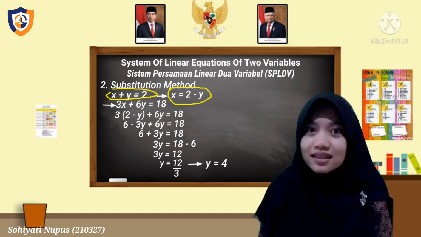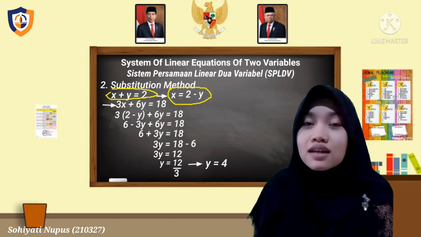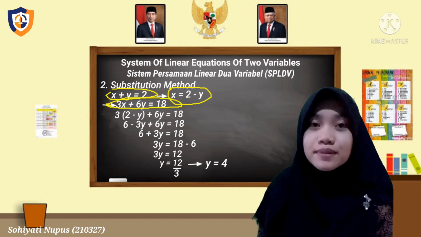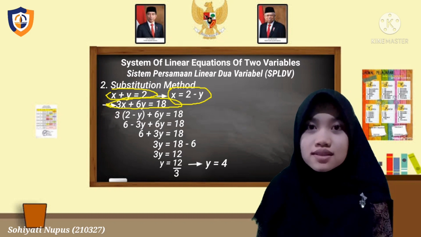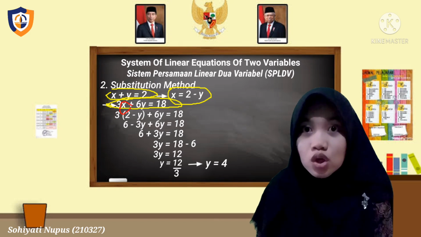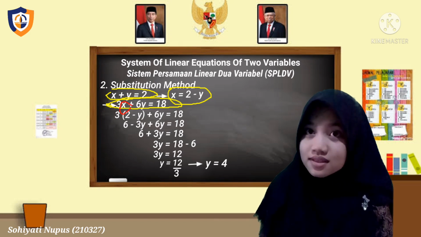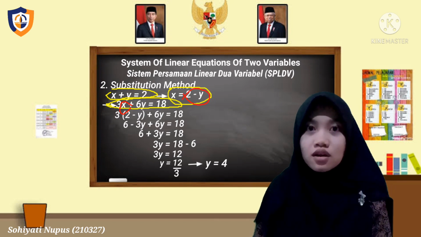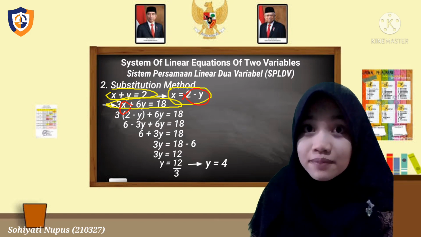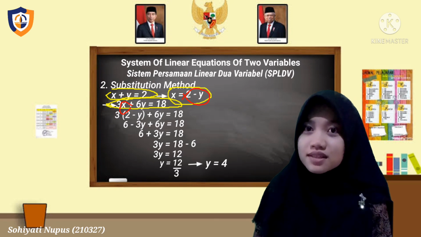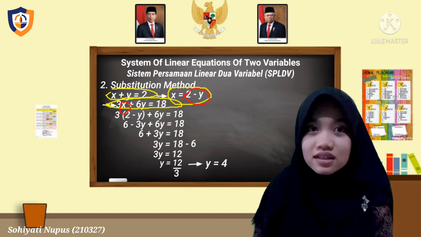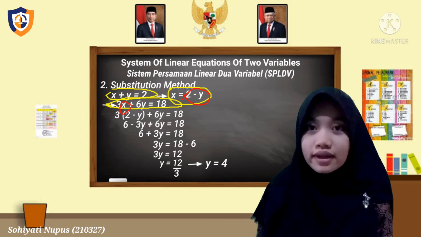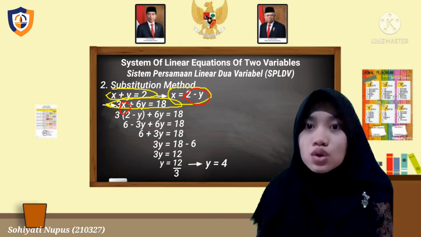Then we substitute into the second equation, 3x plus 6y equals 18, replacing x with 2 minus y.